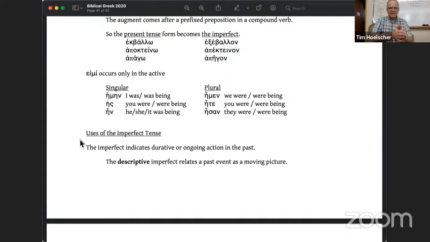Okay. Now there was a note in the textbook about ἤμην, that the form in the New Testament is ἤμεθα. I'm looking at the page in the textbook, page 54 at the bottom, note 3.